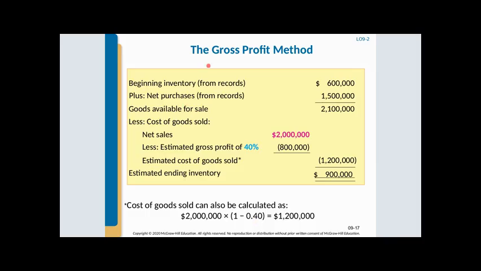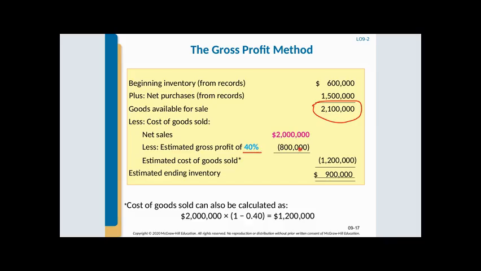So an example, we have beginning inventory of 600,000, net purchases of 1.5 million. We have our goods available for sale, so all the inventory that we had on hand before it was damaged. Now we know that we have $2 million in sales, and we were given a gross profit percentage of 40%.